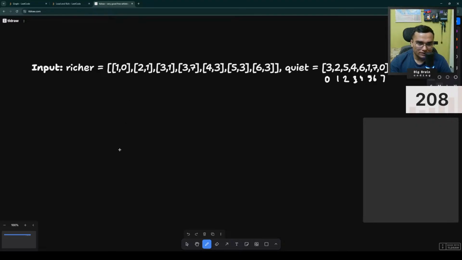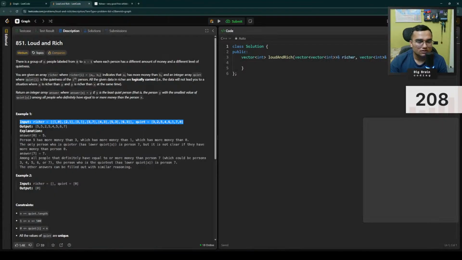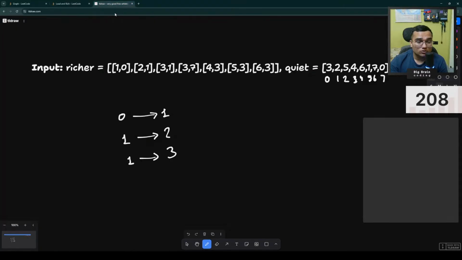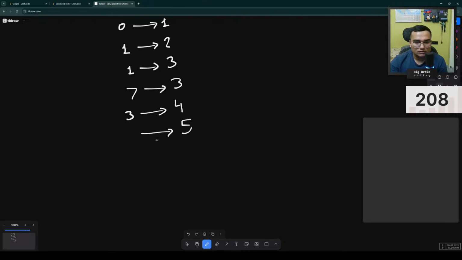So I can think of it in a topological manner, right? 1 is richer than 0, 2 is richer than 1, 3 is richer than 1. That is the relation, right? ai has more money. Okay. 3 is richer than 7, 4 is richer than 3, right? And then 5 is richer than 3, 6 is richer than 3.